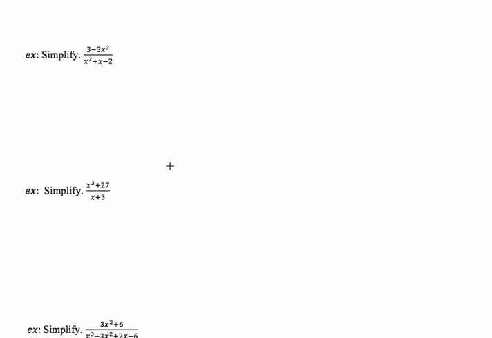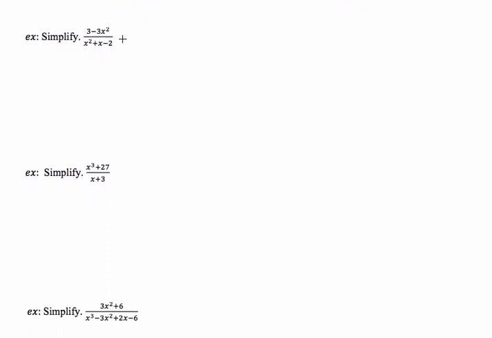Let's try another one. So simplifying this, okay, so we have a quadratic in the numerator, but it only has 2 terms, and a quadratic in the denominator, which has 3 terms. So remember, when you factor quadratics that only have 2 terms, there's no need to set up the sets of parentheses like this, because that only works for things like here in the denominator, quadratics with 3 terms.